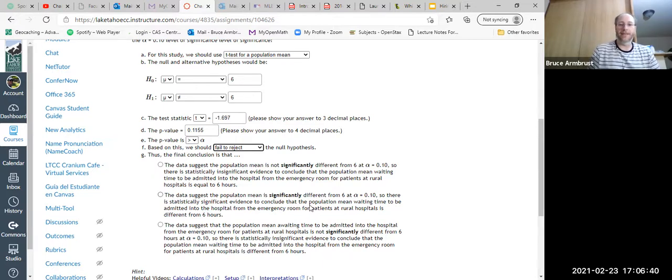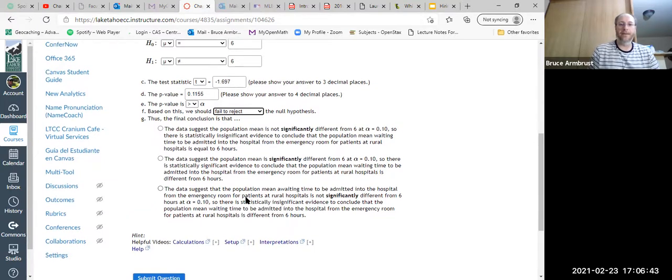Okay, but let's see which of these that is. Suggestion the population mean is not significantly different. Okay, so it could be that one. It's definitely not this one because we don't have evidence that it is significantly different. This also is not. All right, so there's statistically insignificant evidence to conclude that the population mean is different than 6 hours, versus statistically insignificant evidence to conclude that the population mean waiting time is equal to 6 hours.